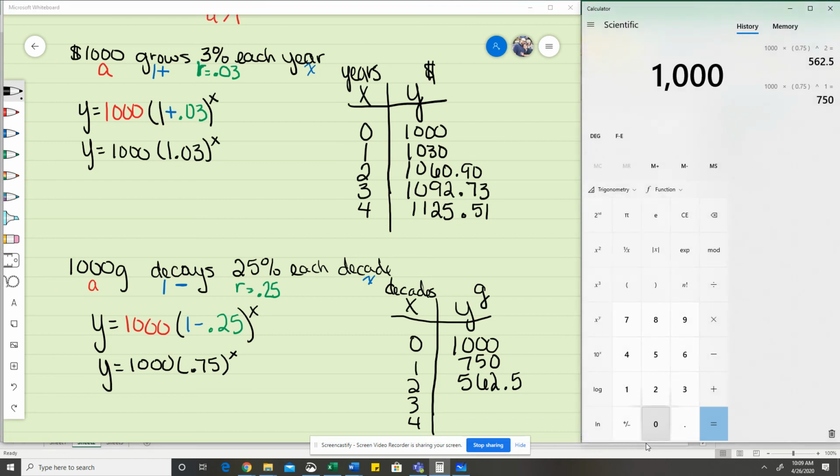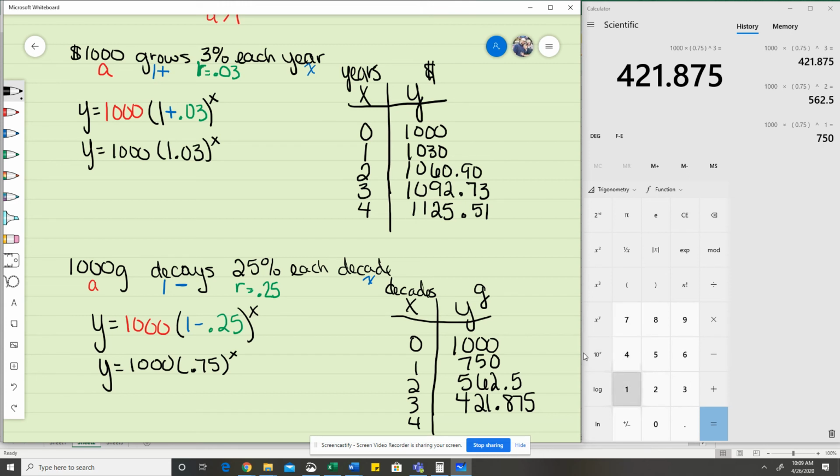After 3 decades, 1,000 times 0.75 to the third power. Now I have 421.875 grams. If you want to round that to the nearest hundredth, 421.88.